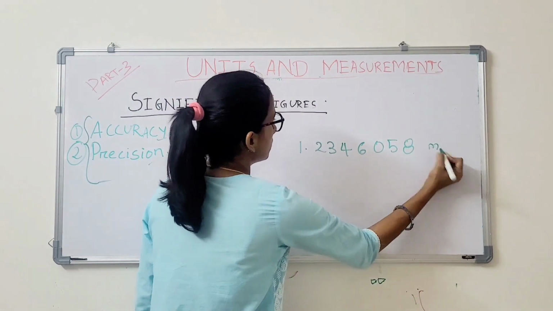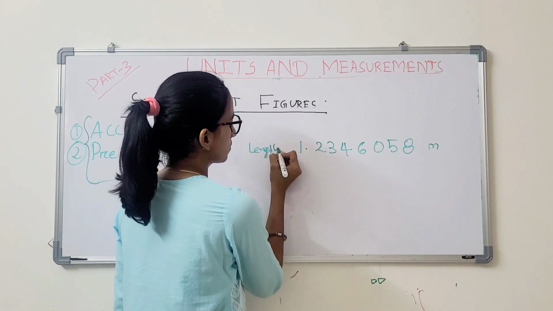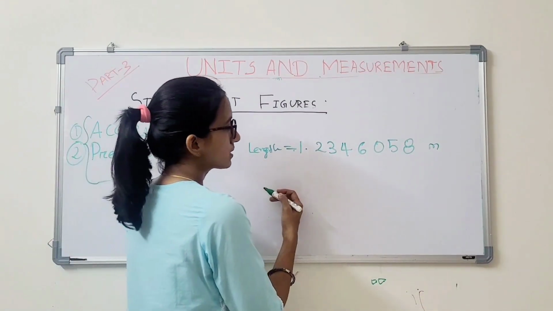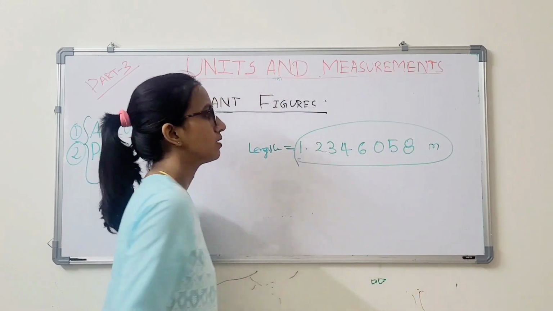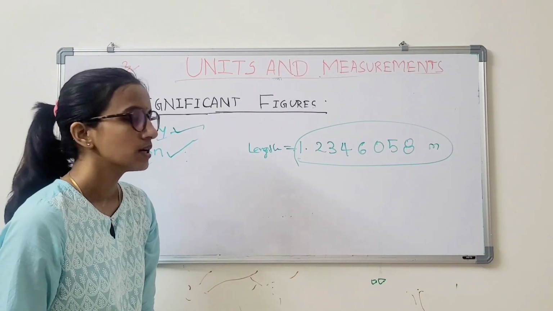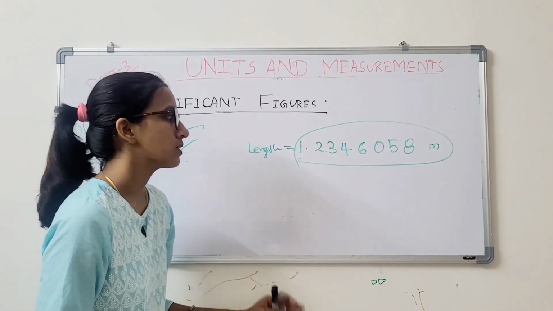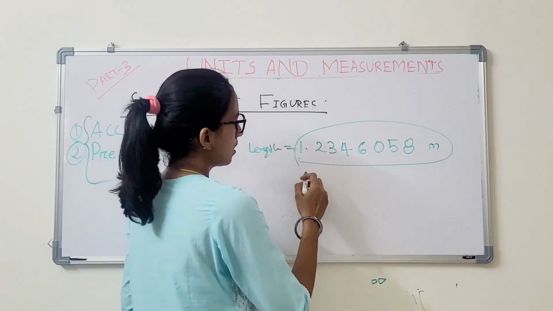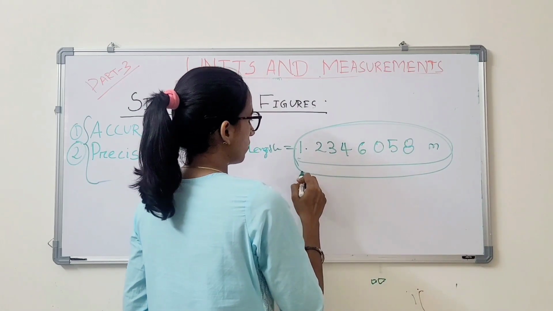Suppose this is this much meter of a length, the length is found to be this much. Okay, so in this case, writing this long quantity of measurement is quite confusing and misleading for the observer. So we have to find out how many numbers in this measurement are significant.